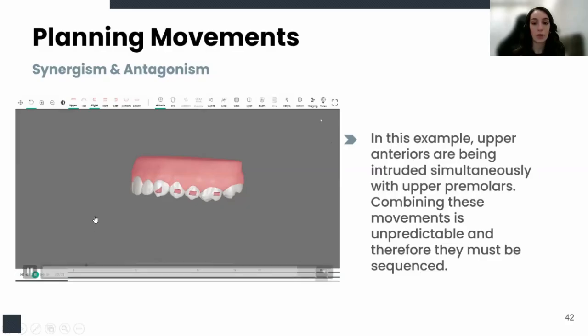Now, as you can see, we are planning intrusion for both the upper anteriors and the premolars together at the same time. I'm gonna play it again.